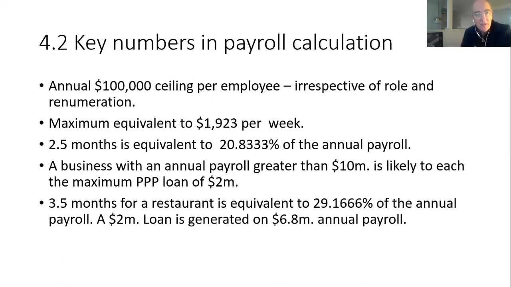If you're a restaurant on 3.5 months of payroll, that's the equivalent of 29.166% of the annual payroll, and the $2 million loan is generated on just $6.8 million. So you can see there's quite a difference between the 2.5 times payroll and the 3.5 times payroll.